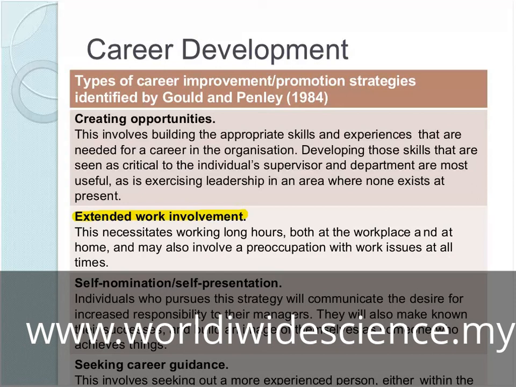The next one is seeking career guidance, which involves seeking out a more experienced person, either within the organization or without, and looking for guidance or sponsorship. The use of mentor relationships would come into this category.